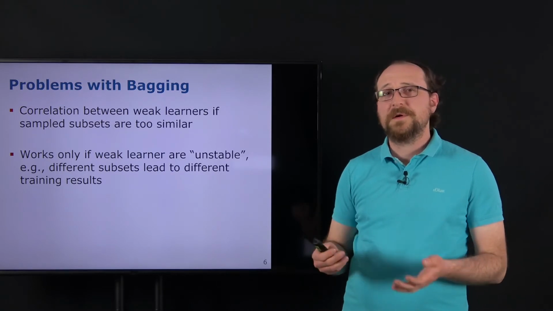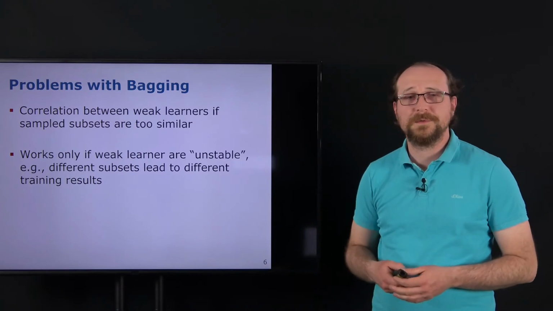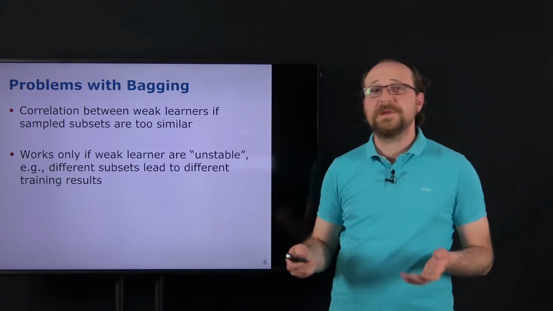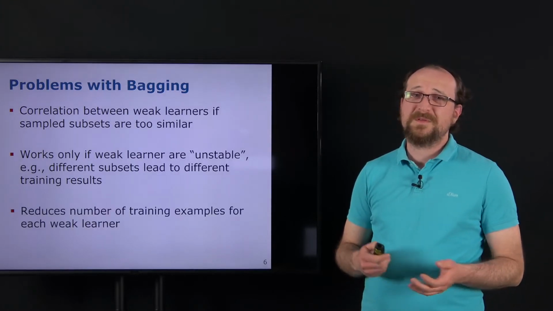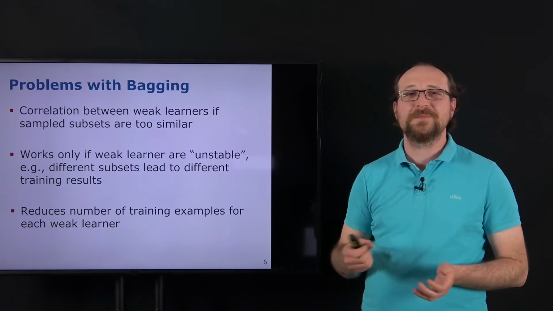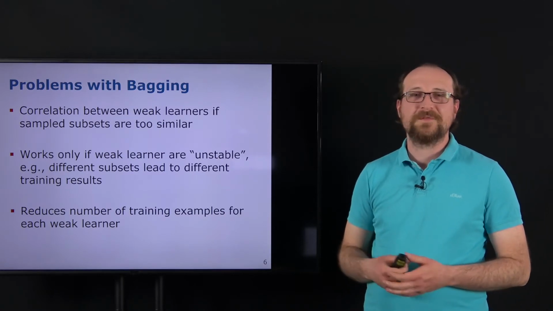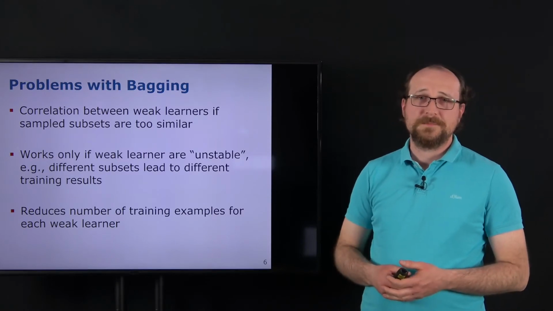Therefore we need some unstable model, and with this we then get different predictions. And one thing that we also don't always like is that it reduces the number of training examples. This is maybe also a problem.